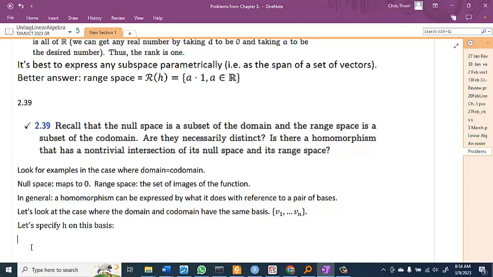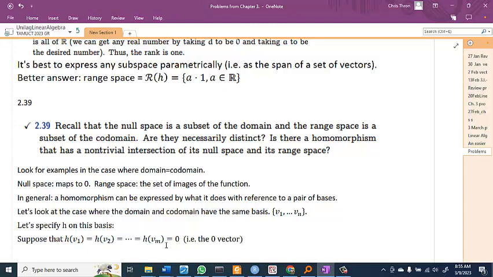Now, the null space is the set of vectors that maps to 0. So let me suppose that I've chosen my null space so that h of v1 equals h of v2 equals ... equals h of vm. So m is some number less than n. And let's suppose all those map to the 0. So when I say 0 here, I mean the 0 vector.